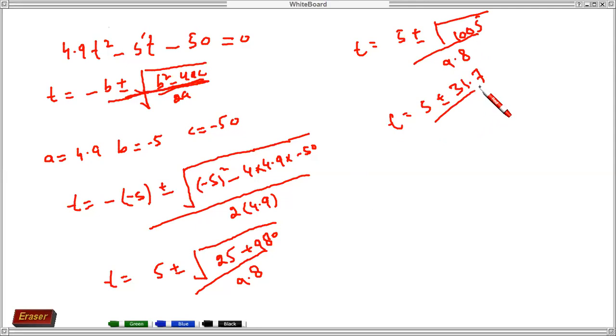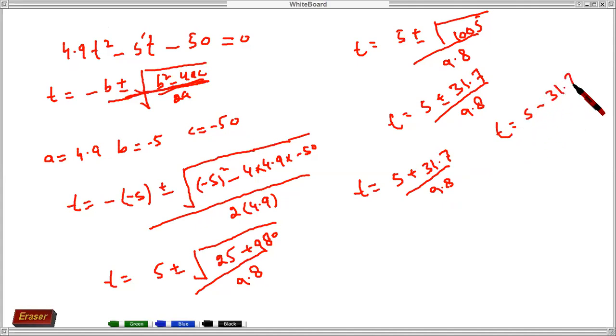So 31.7 divided by 9.8. Two values, one minus and one plus. The first one is t equals 5 plus 31.7 divided by 9.8, and the second value is 5 minus 31.7 divided by 9.8.